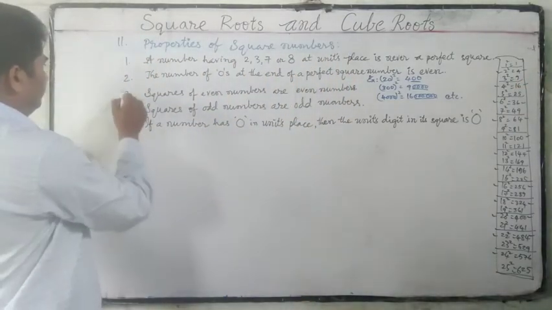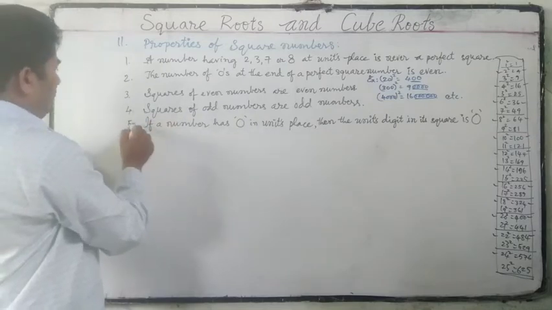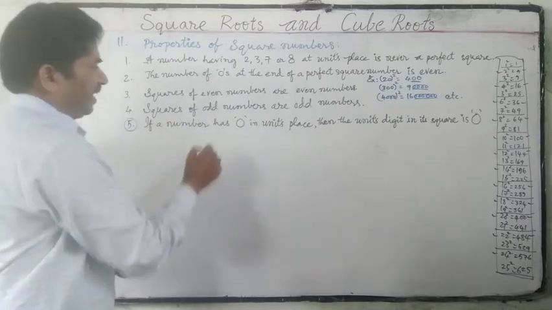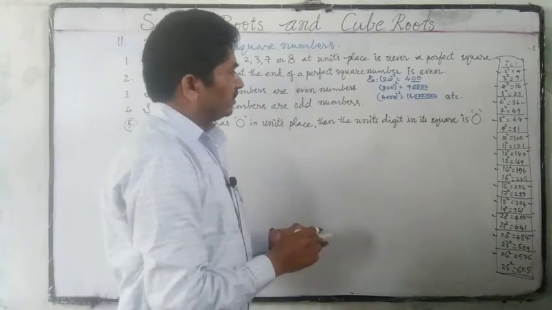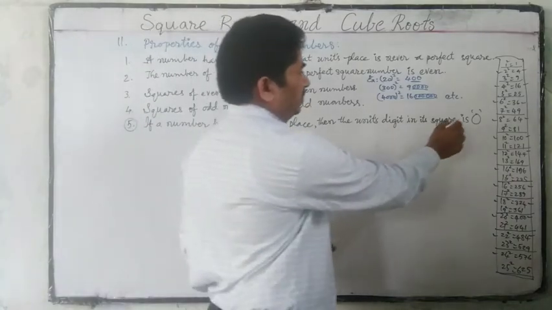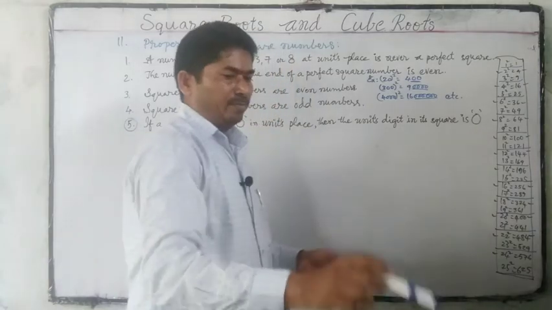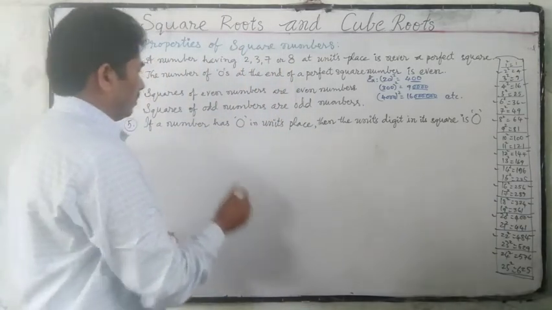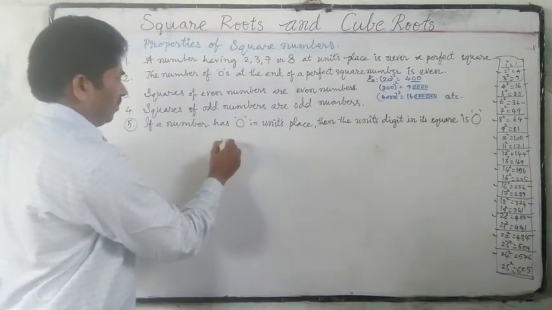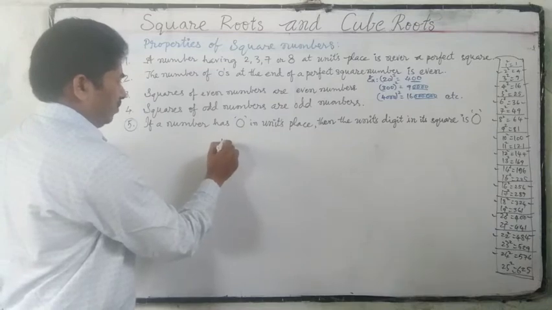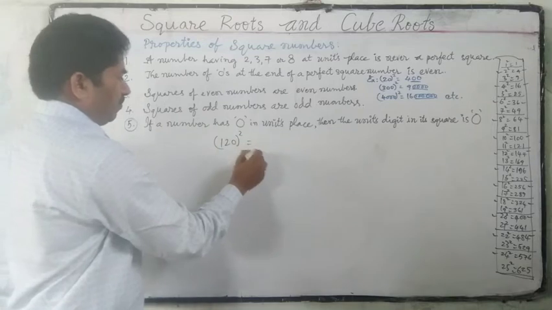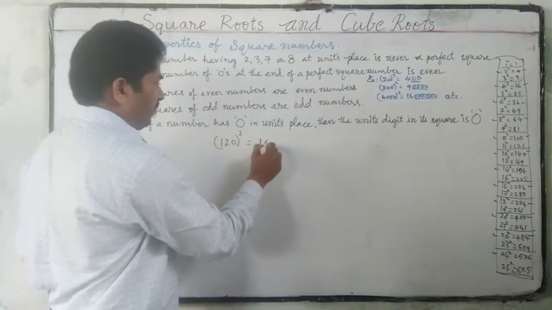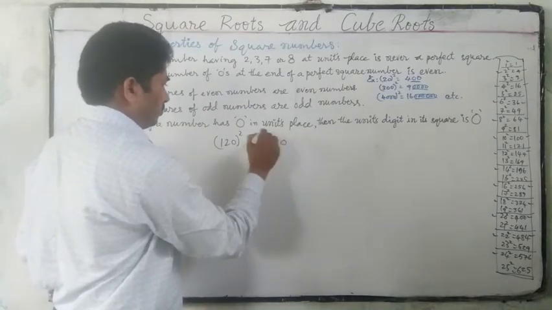Next, if a number has 0 in units place, then the units digit in its square is 0. Example, 120. 12 12s are 144, after that we have to keep 2 zeros.